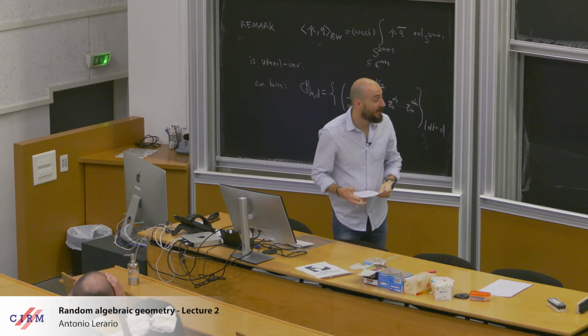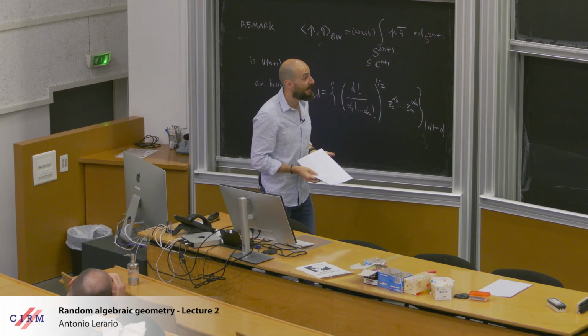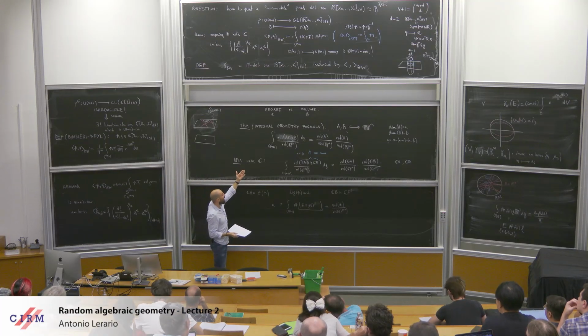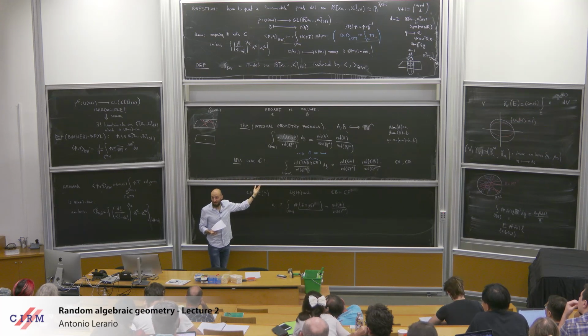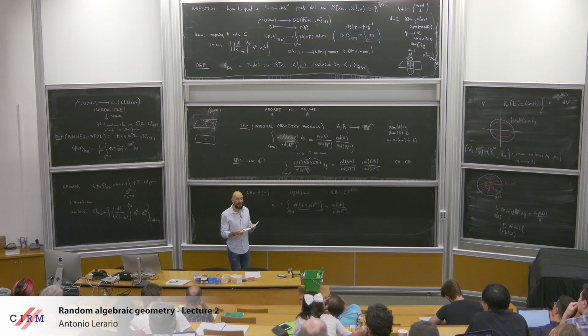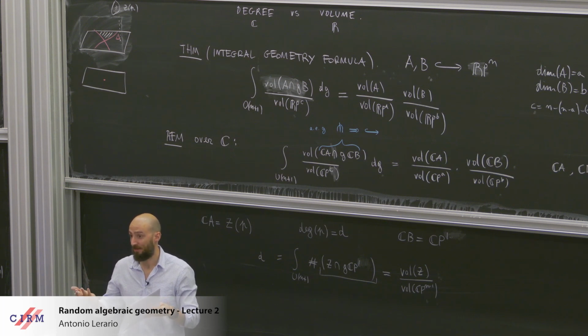So it's a good comment, because for what I plan to say, if you stare at this formula, look at it from very far away, there is a group acting on some homogeneous space, and there are submanifolds of that space. It's a compact group, and you want to average some metric property of the intersection over the group action.